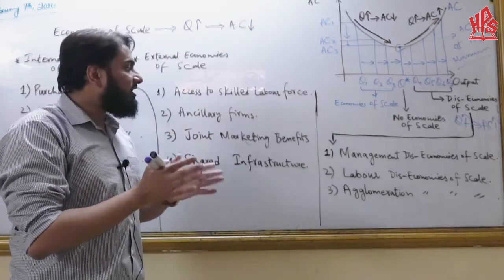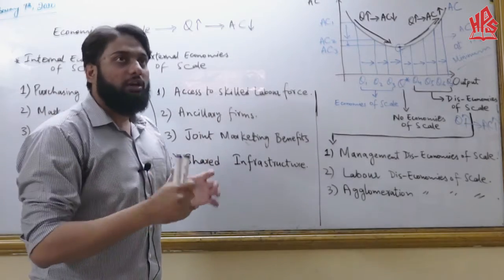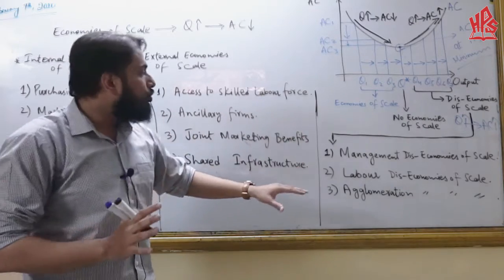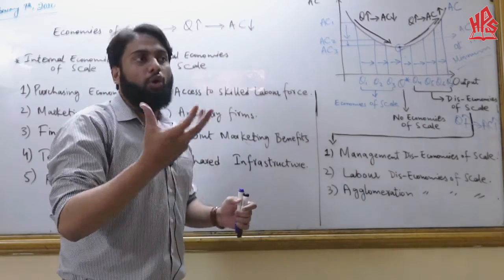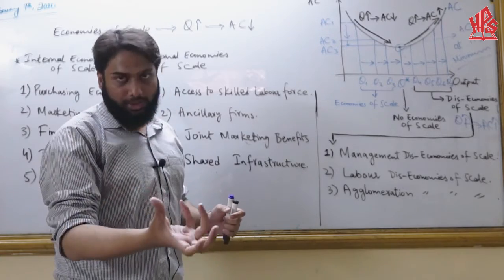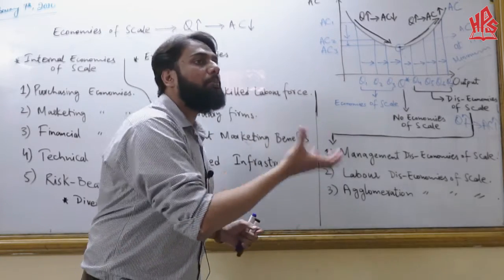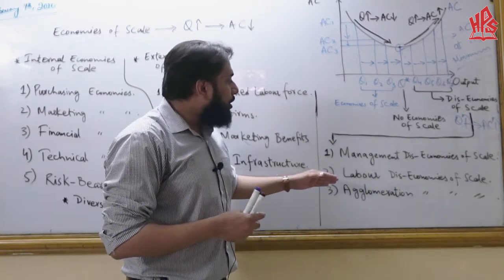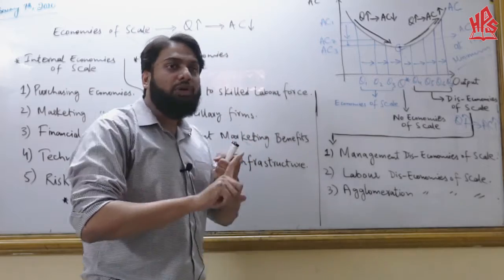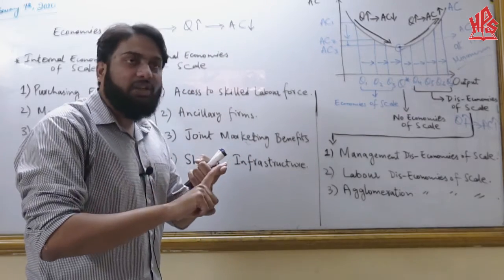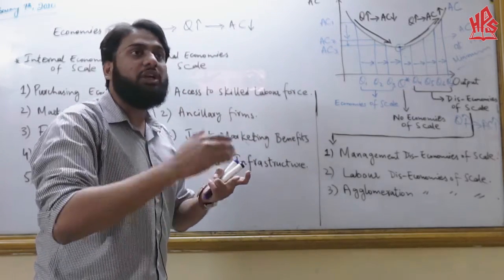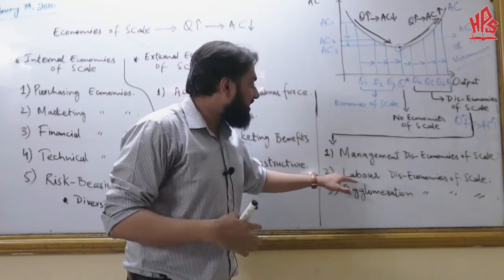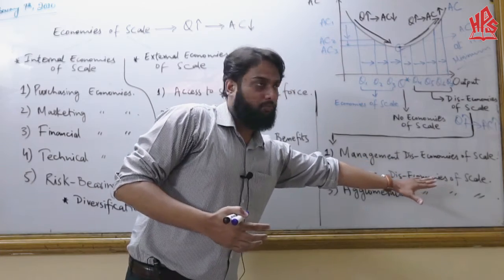But if our business is unable to update or train our labor, our labor gets outdated and will not compete in the market at a lower cost. If our labor is unskilled or inefficient relative to other labor in the market, we will have to face labor diseconomies of scale.